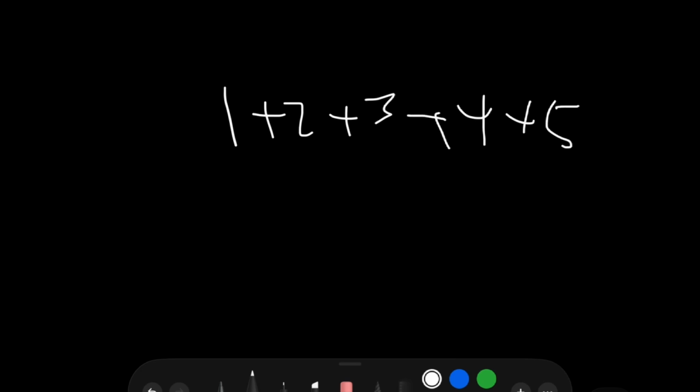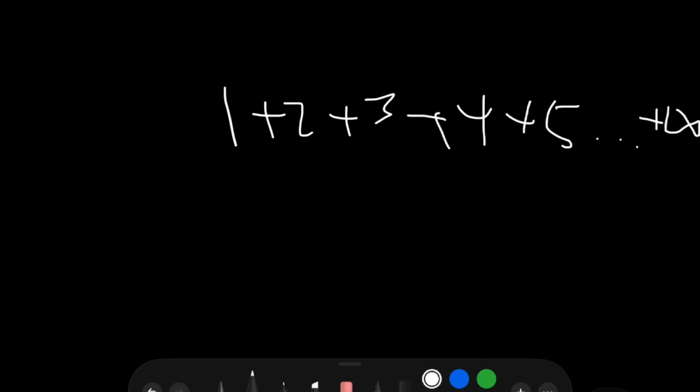Oh, and I'll give you another problem. What is the sum of all natural numbers? Meaning 1 plus 2 plus 3 plus 4 plus 5, all the way on to infinity.